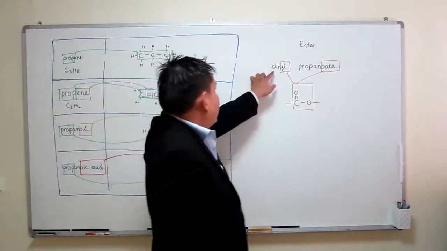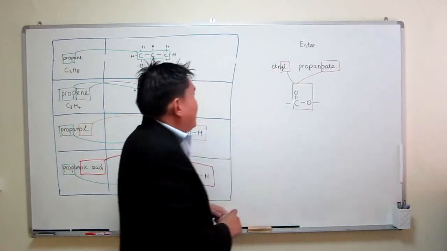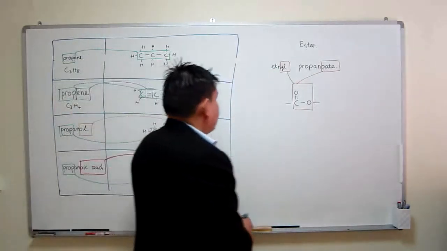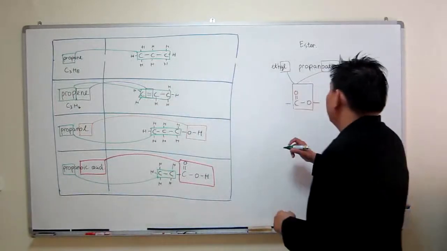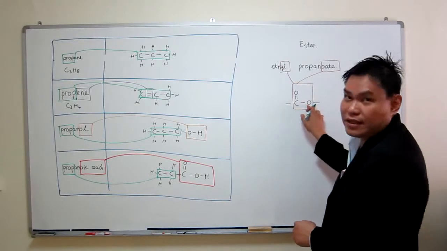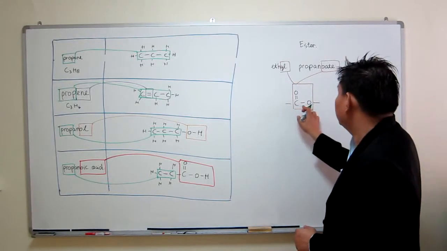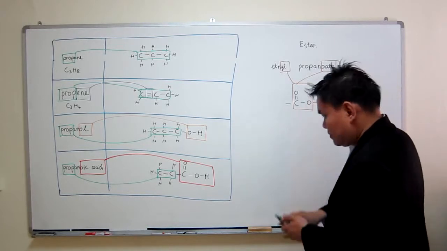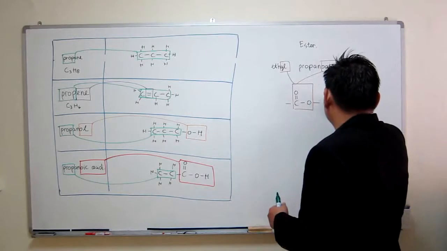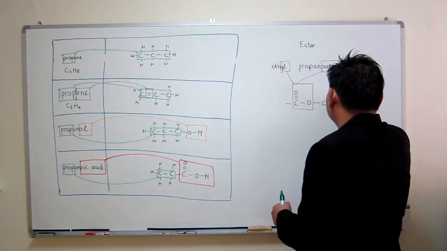Now, the word ethyl means 2 carbon. And these 2 carbon must be connected with this O with single bond. So you're going to have 2 carbon.